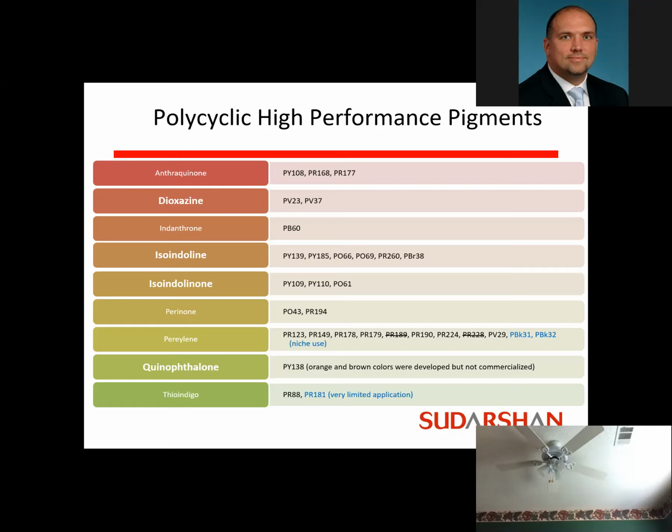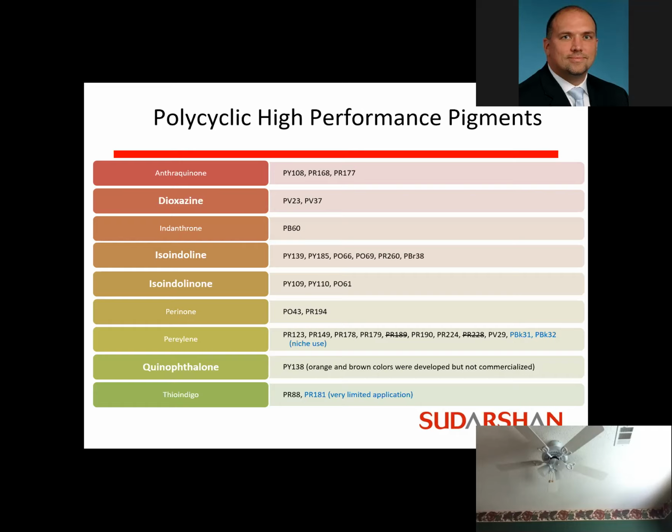The perylene group has a lot more in this class, but they tend to be a little bit more niche or more limited use. Probably some of the more popular in this class of pigments are the pigment red 179, and I've marked off a couple of color indexes: the red 189 and the red 228.